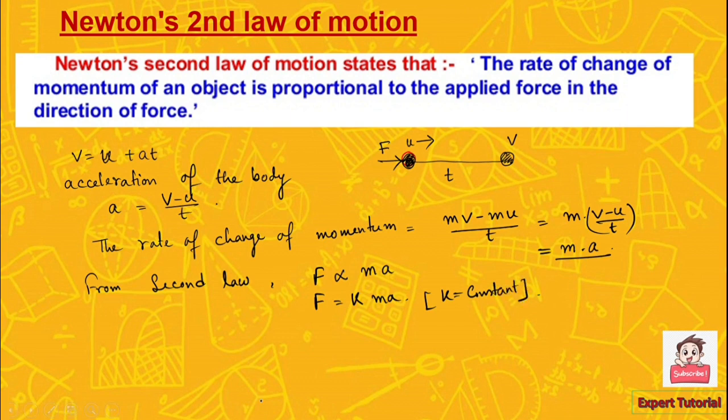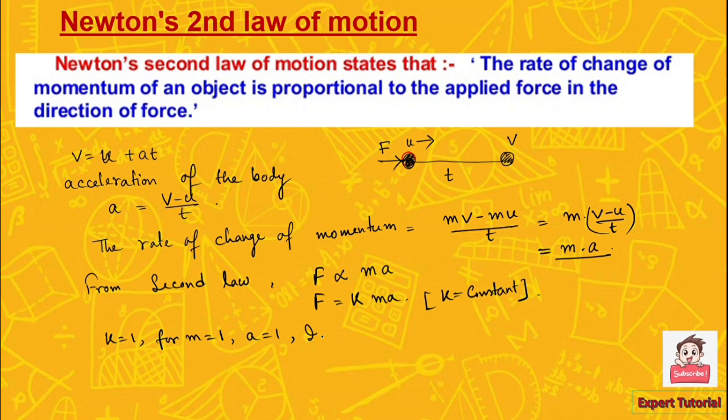And this is a situation where we are free to define a unit of force. By convention, it is defined in such a way that the proportionality constant becomes unity, that is k equals 1 for m equals 1 and a equals 1.